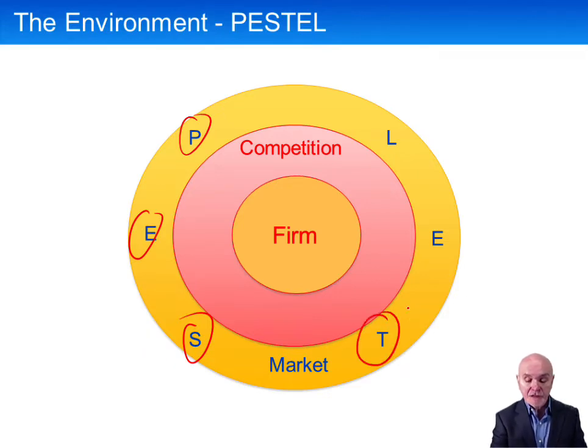Technological change, of which a huge one, of course, is the internet. How we can gather information, how we can market ourselves, and all the kind of social approaches that people now take on Facebook and Twitter and so on for marketing.